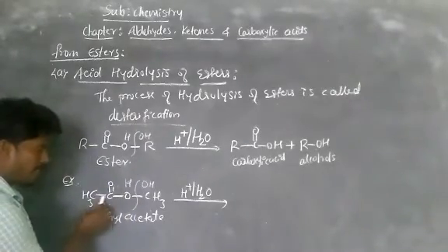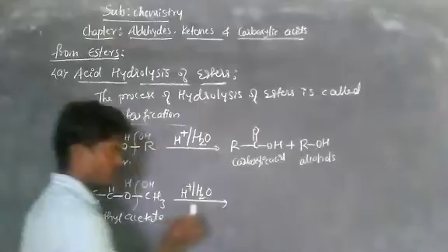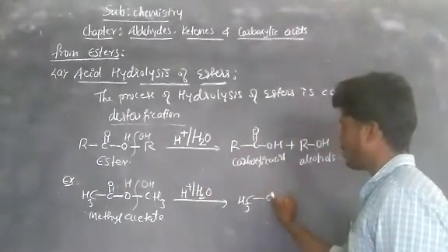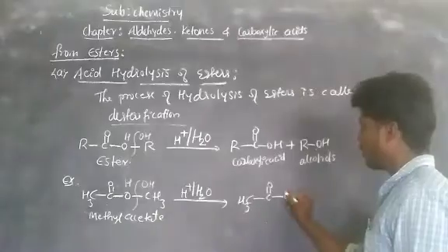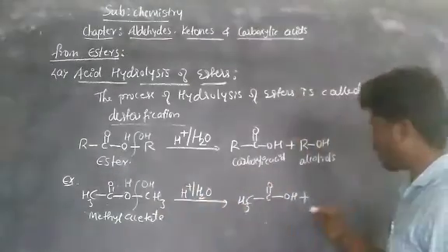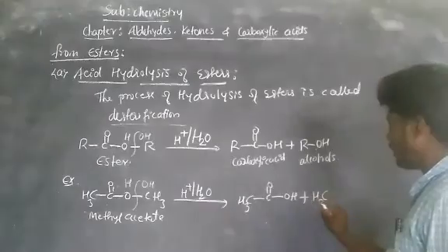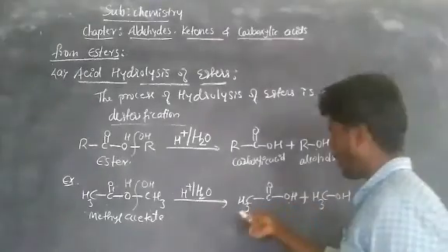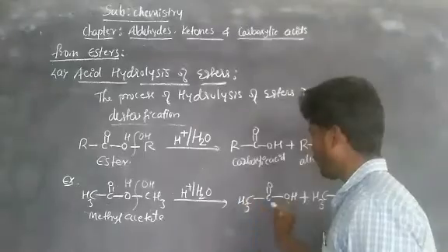Now what you get is CH3 bond C double bond O bond OH plus the remaining CH3 and OH, that is CH3 bond OH. What is its name? Acetic acid or ethanoic acid.